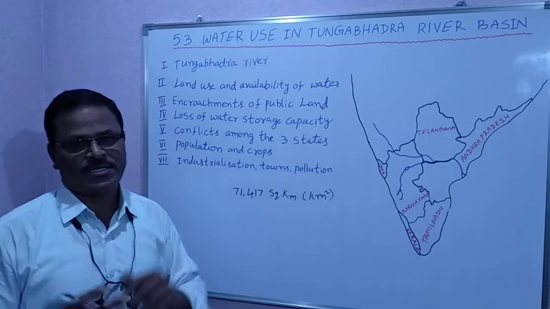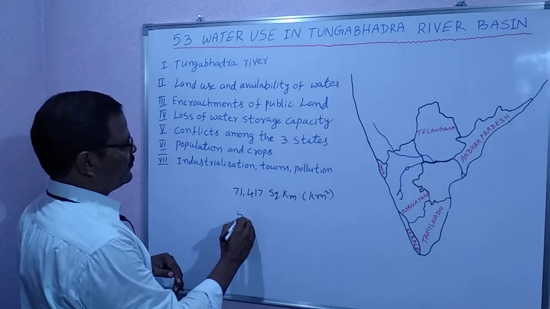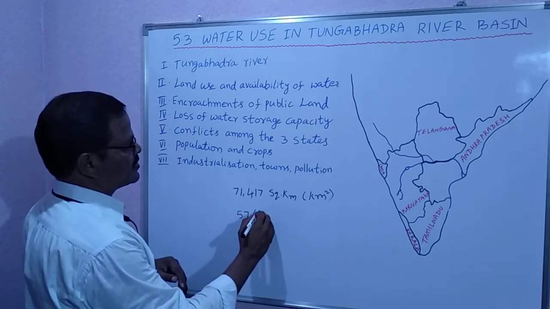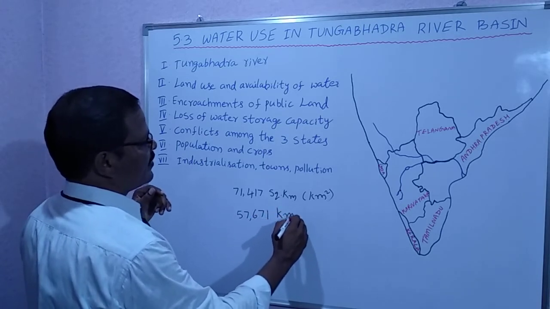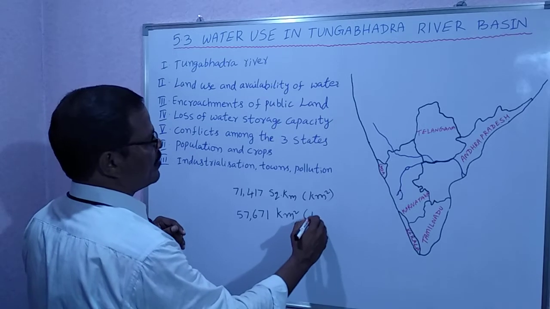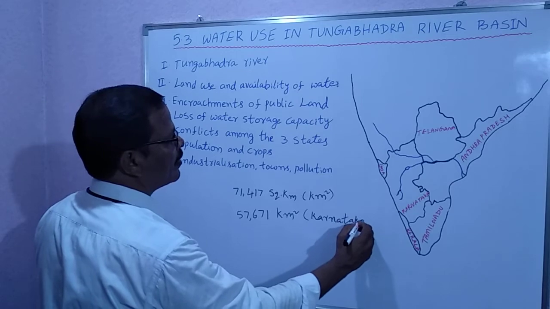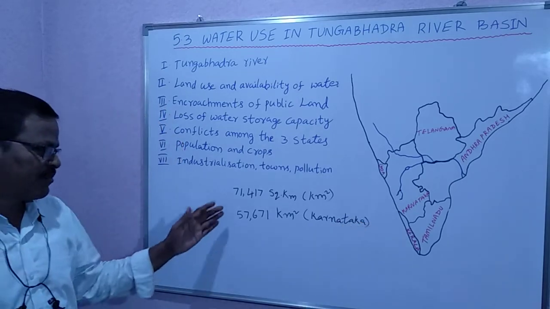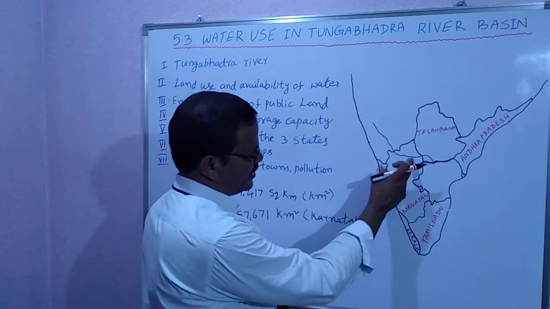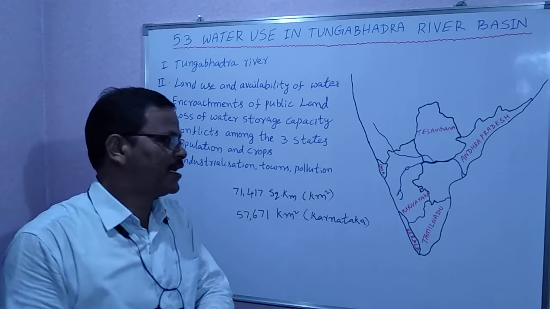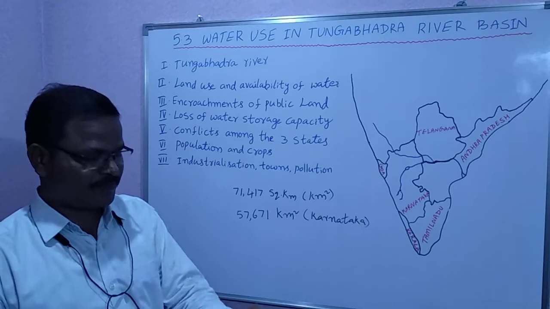Out of this, 57,671 square kilometers is in only Karnataka. That means most of the catchment area is in Karnataka. A little part of the catchment area is in Telangana and Andhra Pradesh.